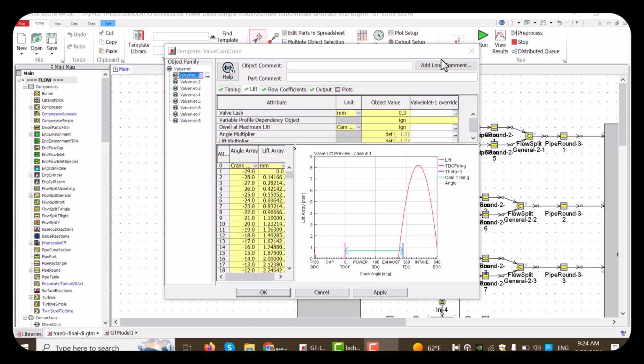The valve profile dependency object is used when modeling variable valve lift, VVL, variable valve timing, VVT, and multicam strategies. It allows the valve lift curve to change depending on engine speed, load, or control signal.